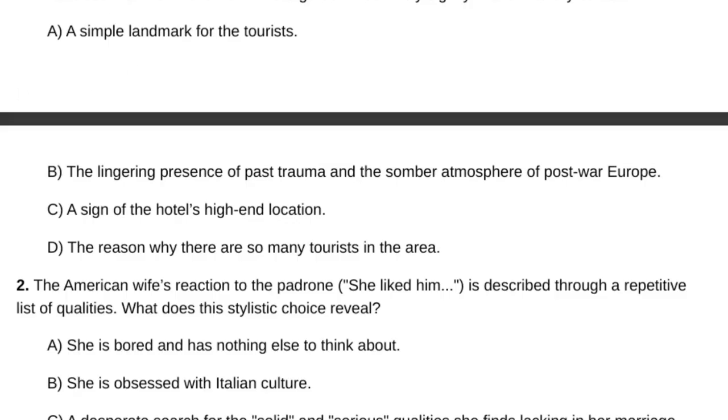The first one. What does the war monument in the garden most likely signify in a C1 literary context?